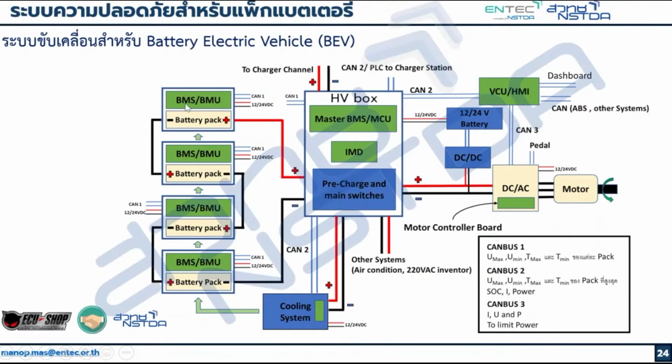This system checks the level of the cell and sends this information to the master BMS, which commands the system, the rhythm of the motor. If it's fully charged, it communicates with the charger station.